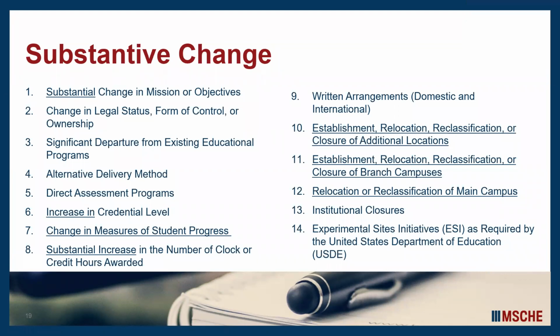Great. Another question that has come in: would a program that offers less than 25% of the program completely online and the remainder in a hybrid format fall under distance education? The hybrid courses, for example, are 50% online and 50% on campus.